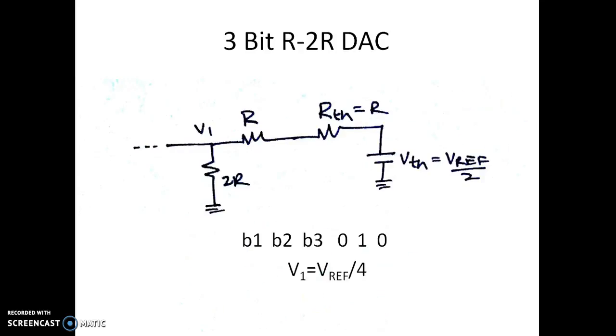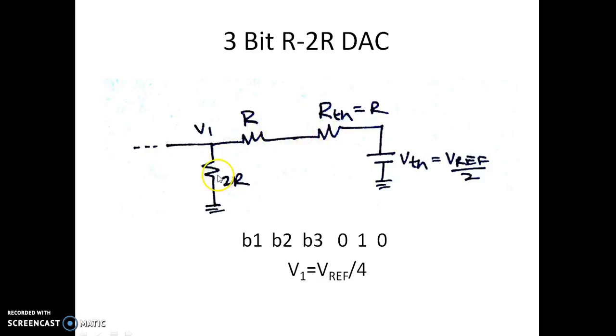I can represent it by a V Thevenin and R Thevenin. V Thevenin is going to be a reference voltage of V reference by 2, and R Thevenin will have a resistance of R. Now we have V reference by 2 as a source, and this R and R connected in series.